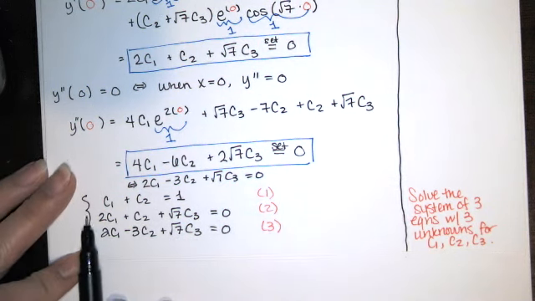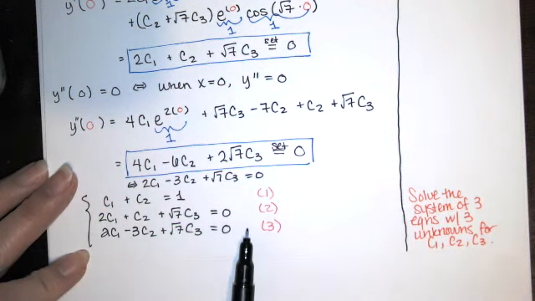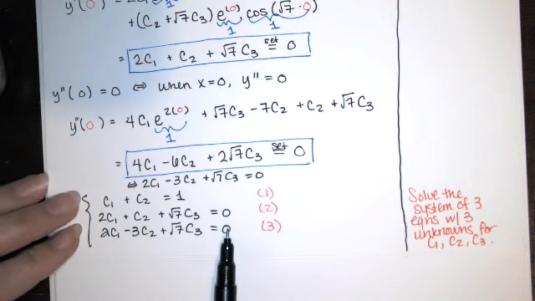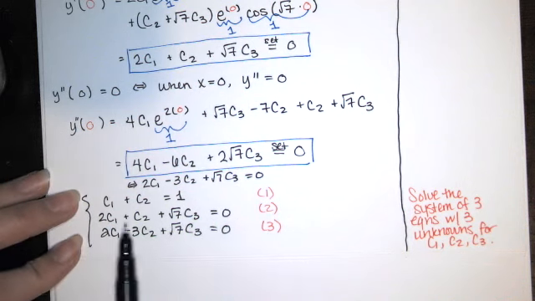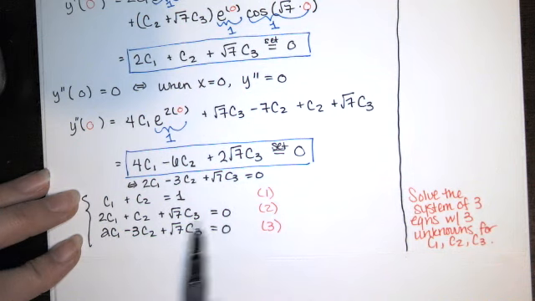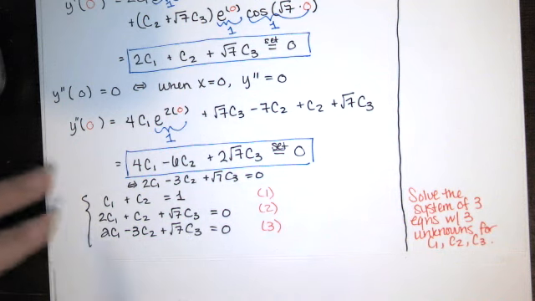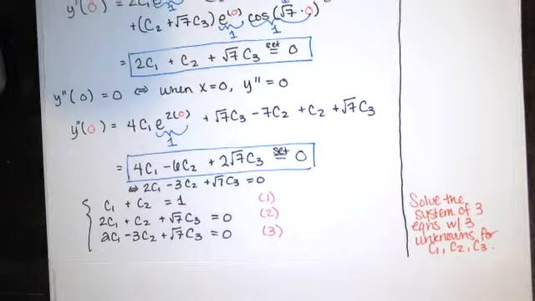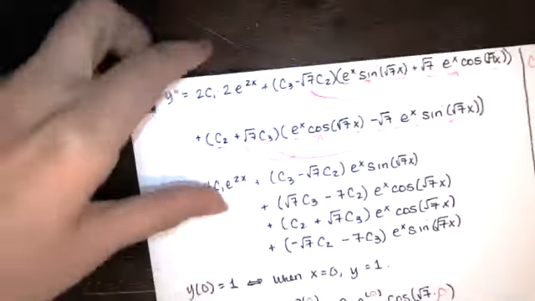So I think I'll use equation 2 and equation 3, and I will put these two together by subtracting. If I take equation 2 and subtract equation 3, the C3s will disappear. The C1s will also disappear. So it turns out this time, taking equation 2 and subtracting equation 3 is going to get us one equation involving C2. But let's see how that works.